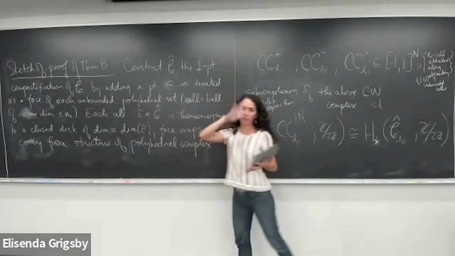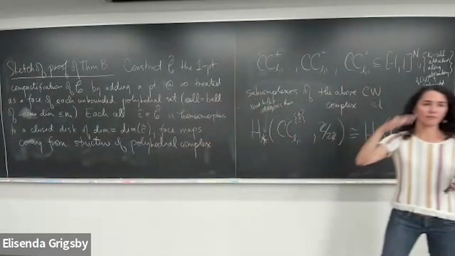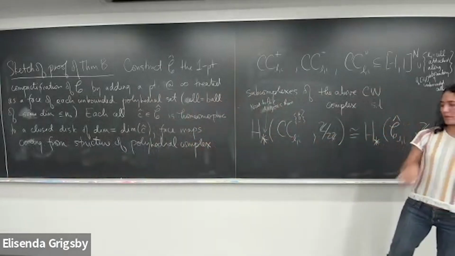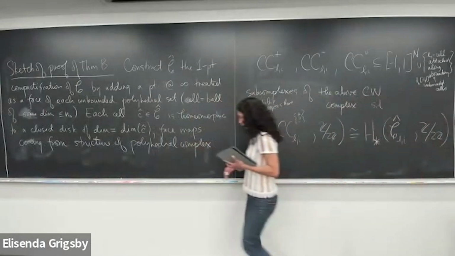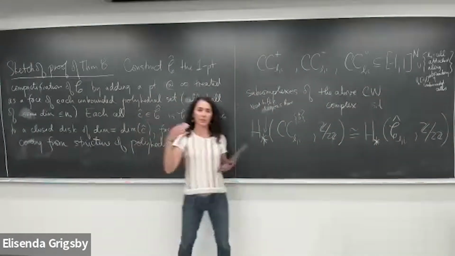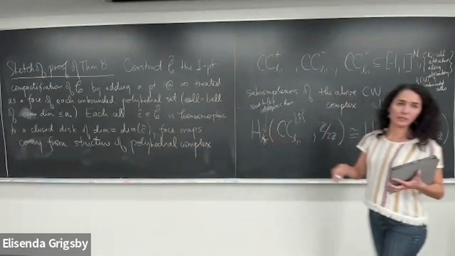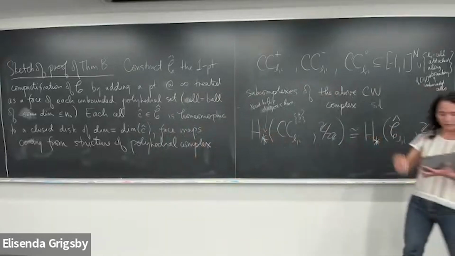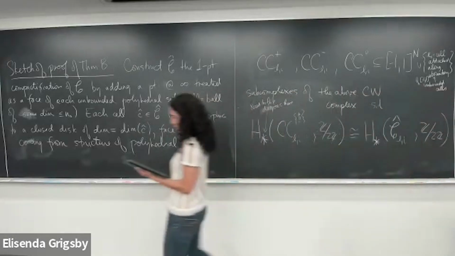So each of these polyhedral sets has faces, and the codimension 1 faces are the facets, and these are the boundaries in this boundary map, or the images of the boundary in the boundary map.